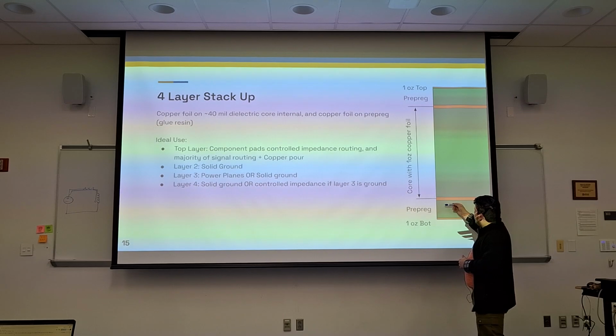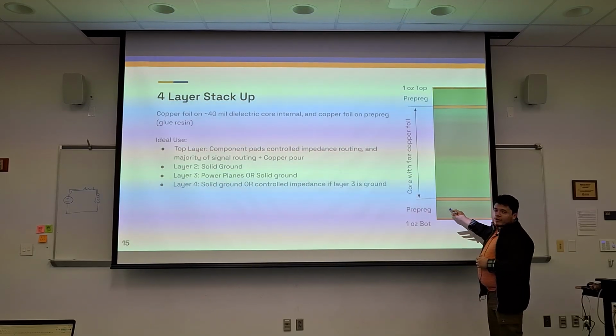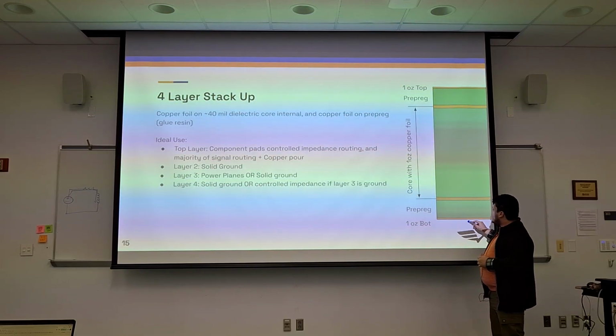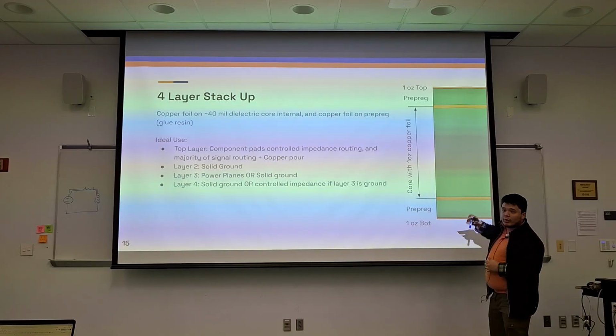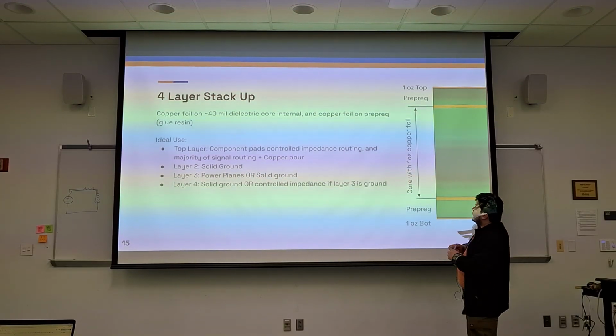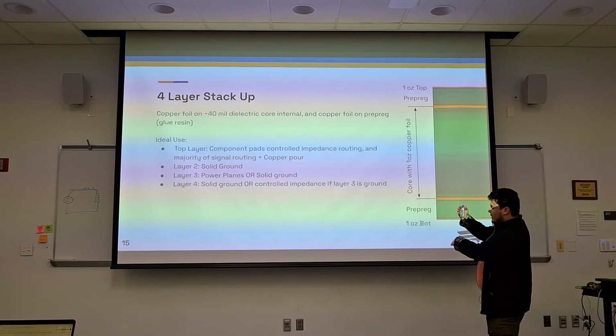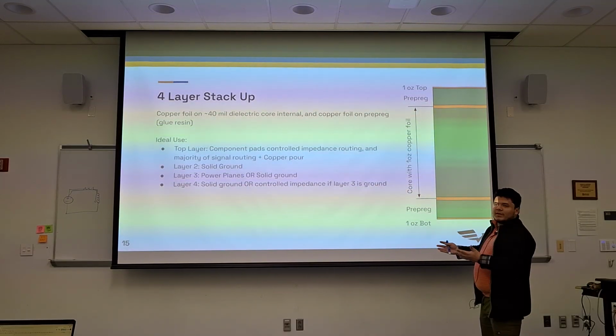And then we have the prepreg, which is sort of a glue, right? This is not as solid and as tough as the core, but it's good enough that we can get some good adhesion of this layer onto the whole board. This is how a four-layer stack up actually looks if you were to chop a board in half, obviously not to scale.